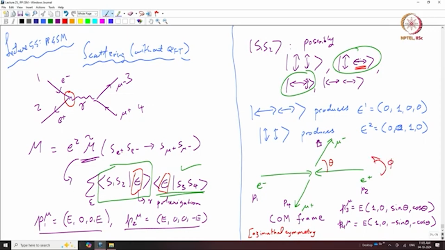The mu plus and mu minus in cylindrical coordinates could have gone off in any azimuthal direction. It's just that for this particular problem I'm assuming that phi equals 0. That's why I'm drawing it on this very plane. Okay, good.